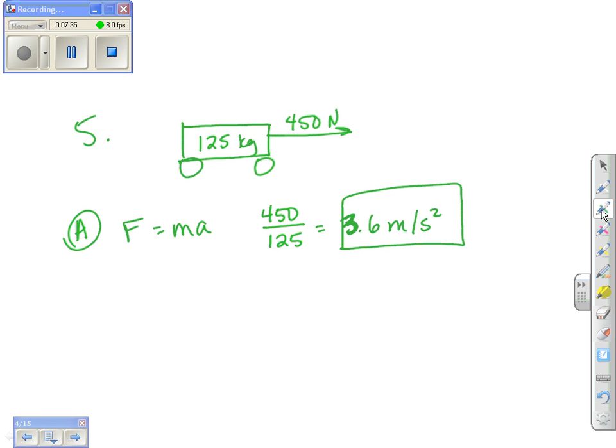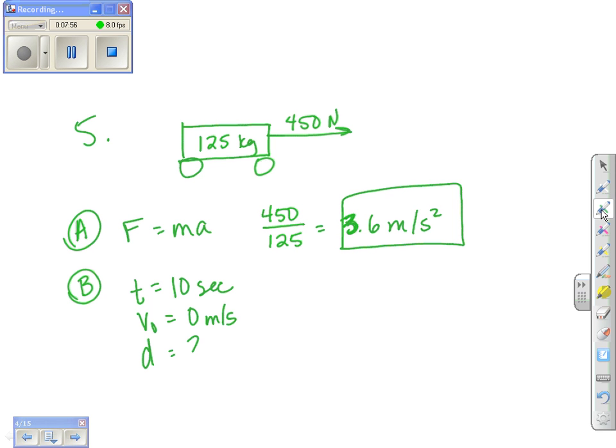Then we are asked if the acceleration lasts for 10 seconds. So for B, we now know the time to be 10 seconds. And we initially started at rest, so 0 meters per second. How far did it travel?